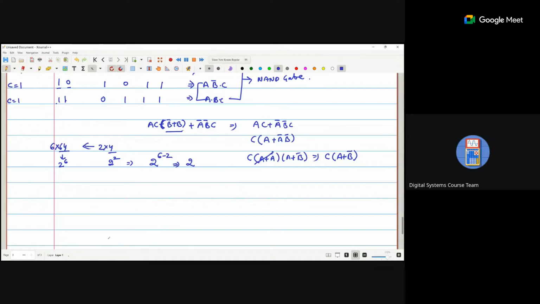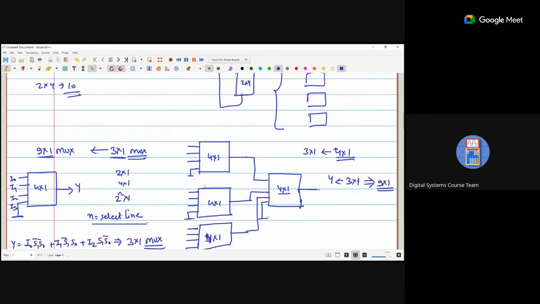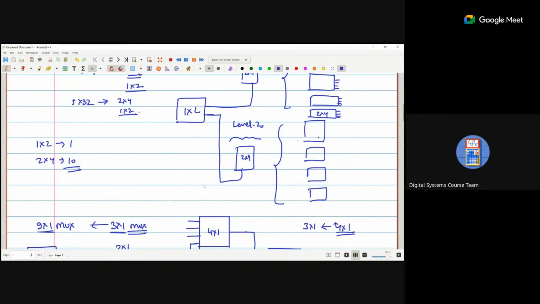So 2 raised to power 4, 16. Okay, so we require 16 decoders in the last output stage, the last level. So that is correct, because you already saw we designed this one.